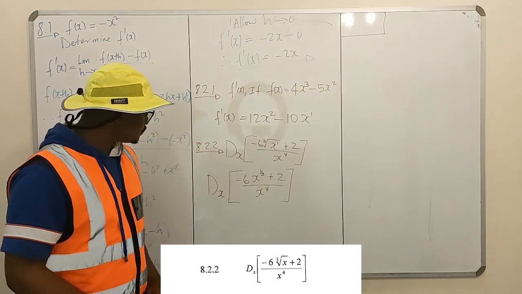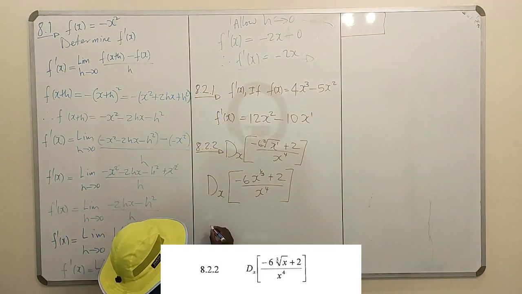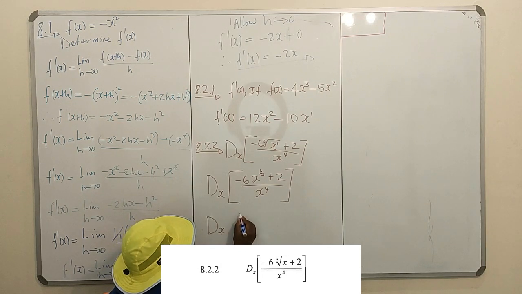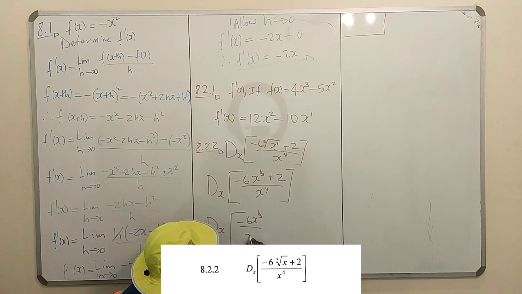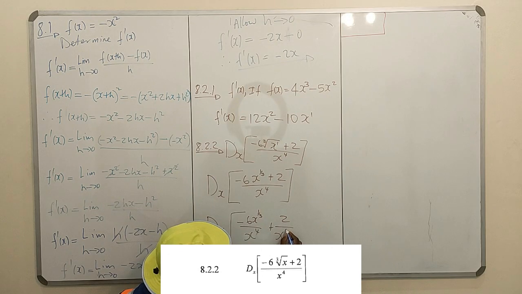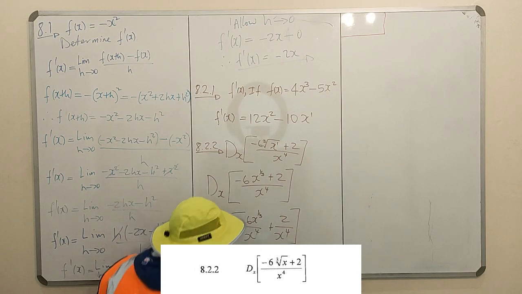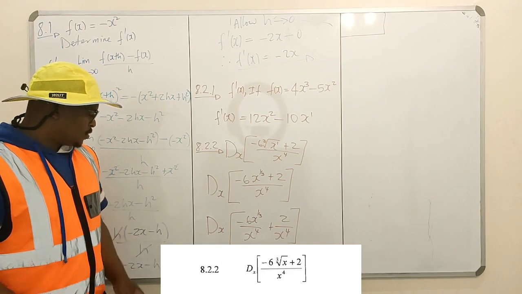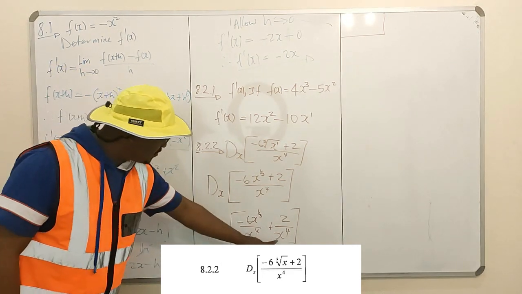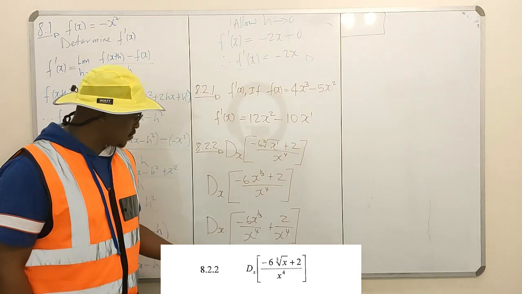So what do we do? We can say, okay, derivative with respect to x of this thing. So it's negative 6 x to the power 1 over 3 over x to the power 4, right? Plus 2 over x to the power 4. So far so good. We still have a variable in the denominator.